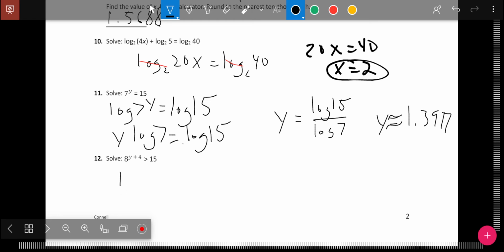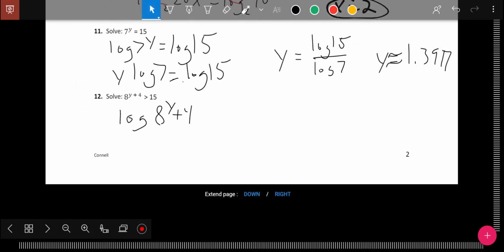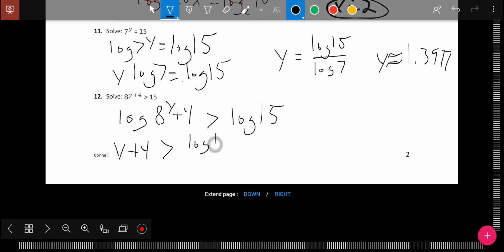Same thing for number 12. The y is up high, so I log both sides. Oops, I was going to put equals. It's not equal. It works just like equals, but it's a greater than sign. And so the y plus 4 goes in front, and you're going to divide by log 8.